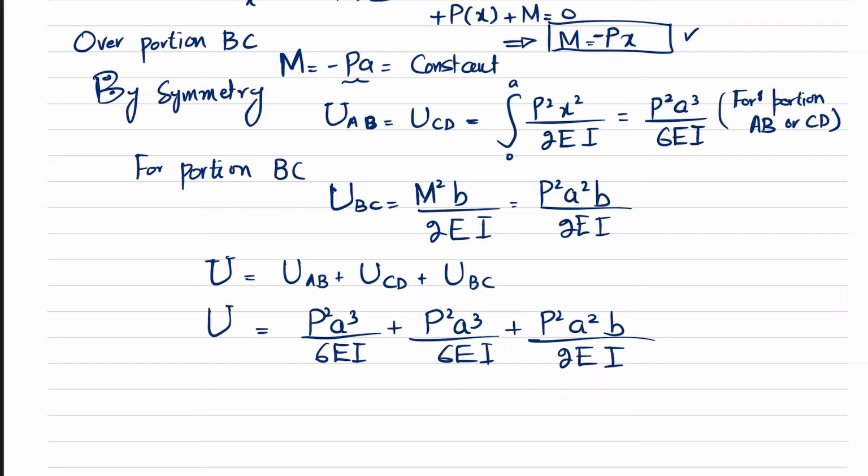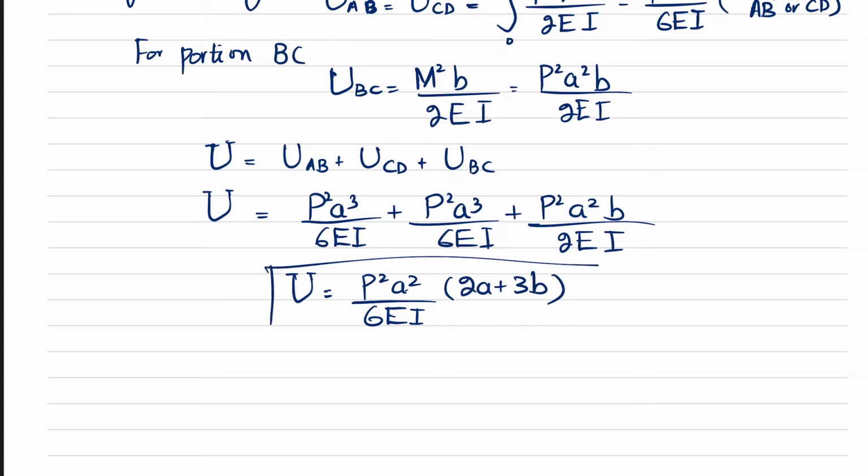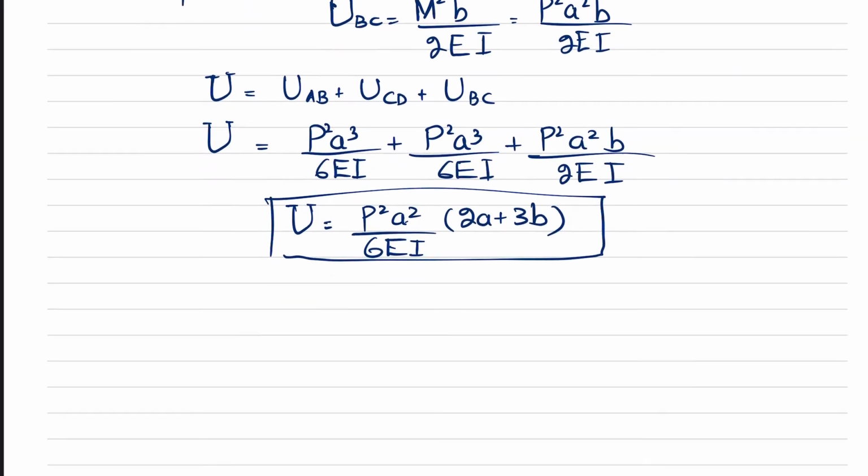If you further simplify it, you have to take the LCM and do simple calculations, and take the common term. So you will get P square a square over 6EI, times 2a plus 3b. Now this is the total strain energy.